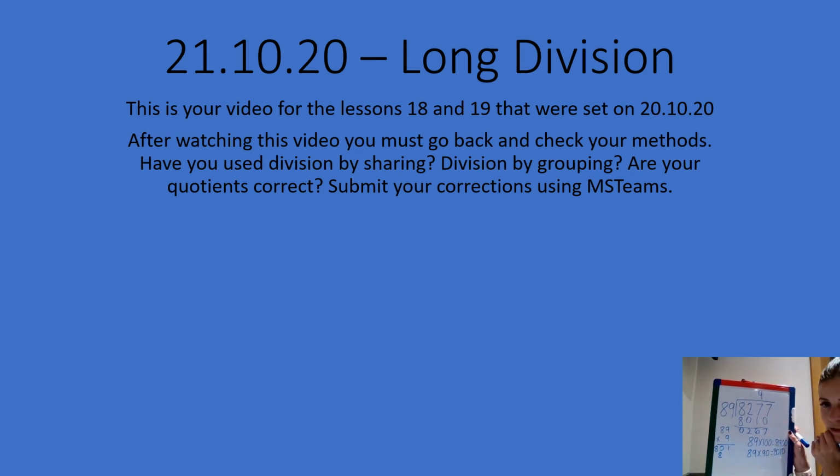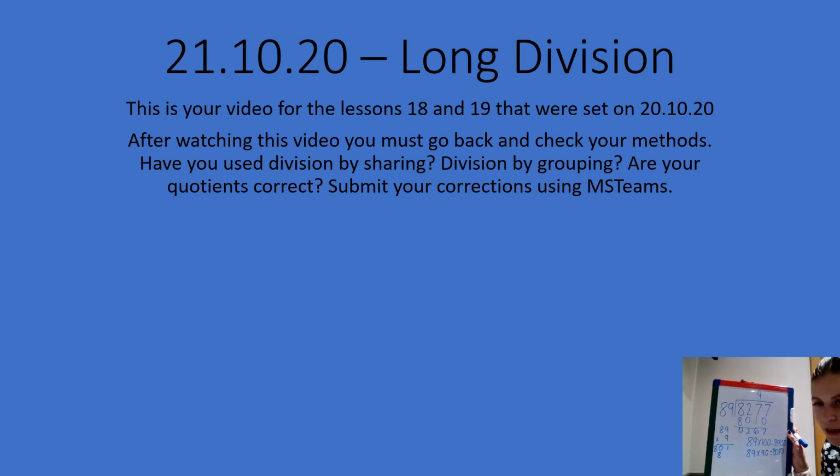Now, just like we did before, let's check that 8,010 add 267 is equal to our whole, which was 8,277. And that's correct, it does. So we know that we're on the right tracks. So now we've got to think, well, how many 89s can I get into the number 267? So we think, well, it's definitely got to be more than 1. Could it be 2? Well, I know 2 will get me to about 160.